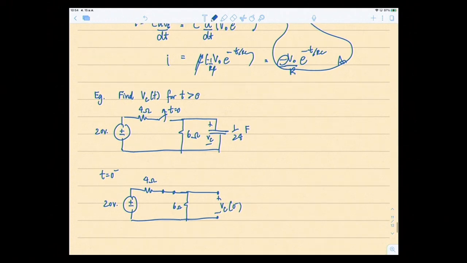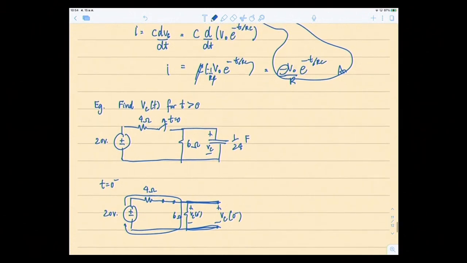So you can see that VC is nothing but the voltage drop across the 6 ohms. The current flows through like this, passes through the 4 ohm, goes through the 6 ohm. Oh, it's just one loop. So you have a mesh loop.